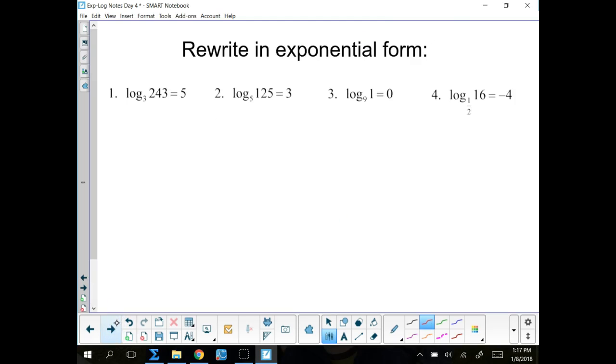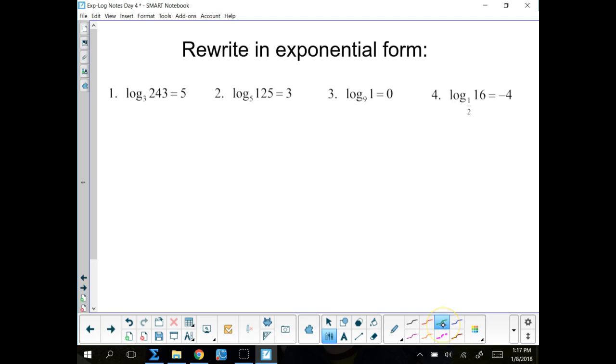Yeah. We can rewrite these things in the different forms. So this right now is in logarithmic form, and I know that it's in logarithmic form because I see the word log out prominently in front.